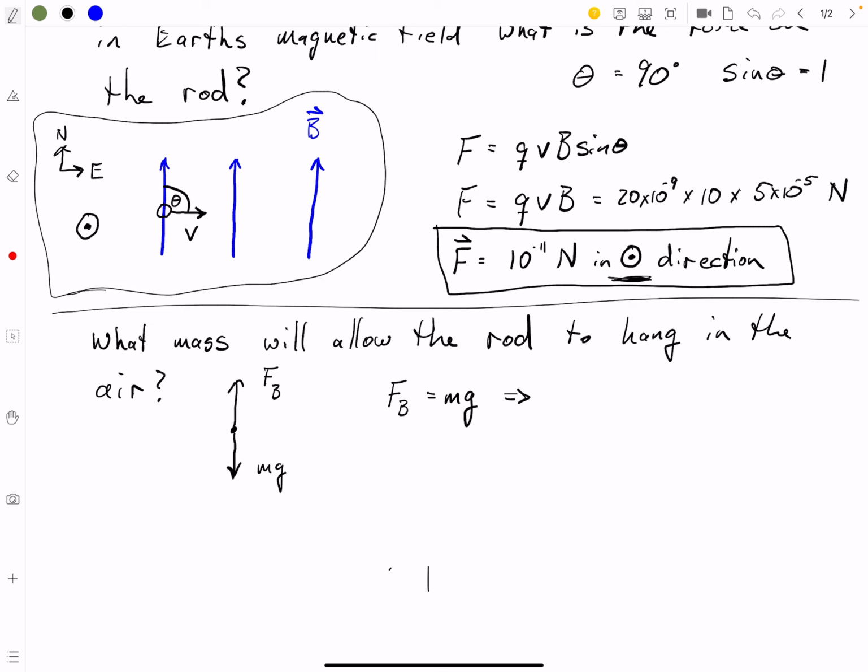If we want to know what the mass is, we're going to solve it: F_B over g. Good. So we've got 10 to the minus 11 over 9.8, and all that's going to be in kilograms. This is the mass that we're going to get.